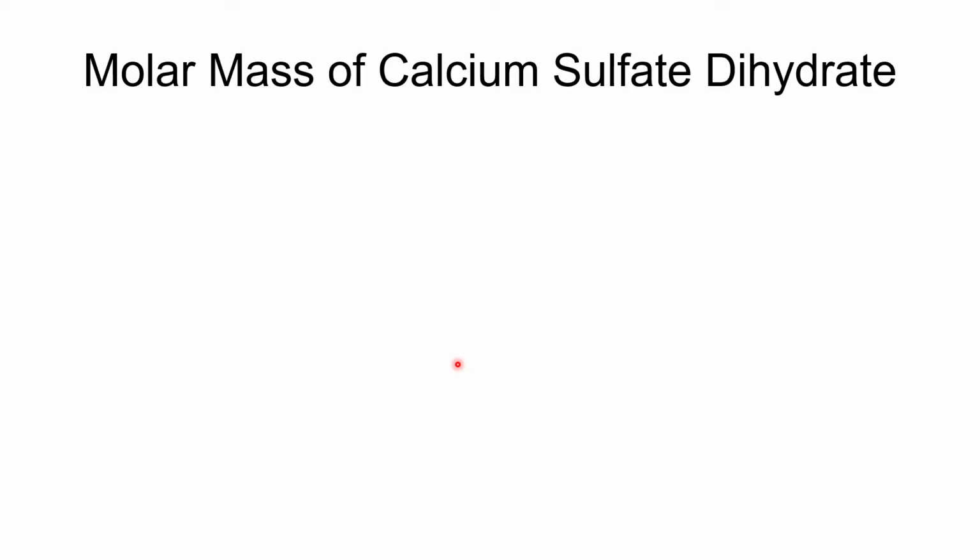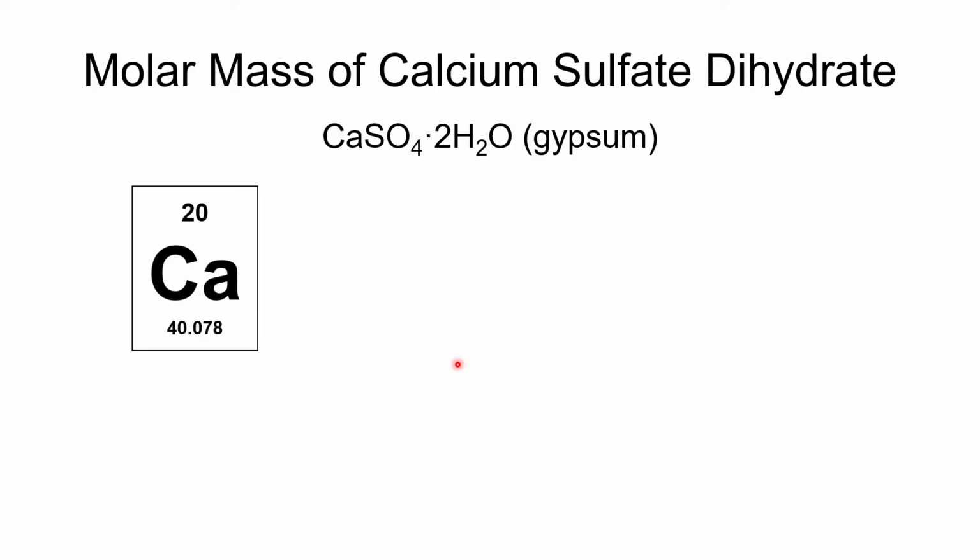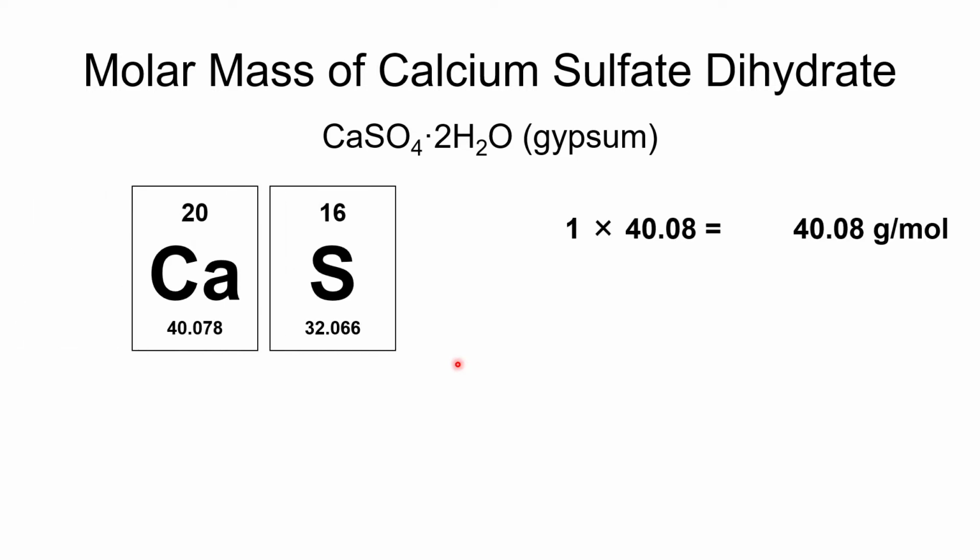Let's do another one here. This is the molar mass. Oh, hey, we just did this one, but we did it as formula weight a minute ago. Calcium sulfate dihydrate, the mineral known as gypsum. So 1 calcium atom at 40.08. Sulfur, 32.07, and we had 1 of those.